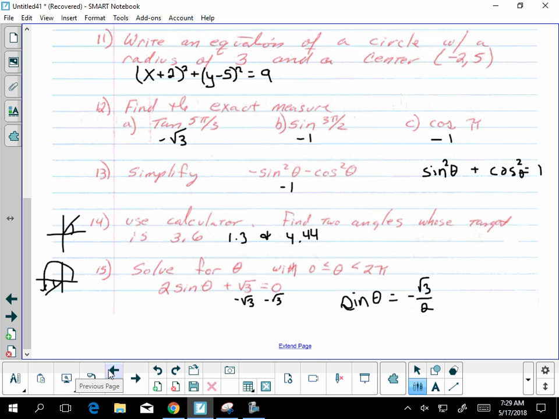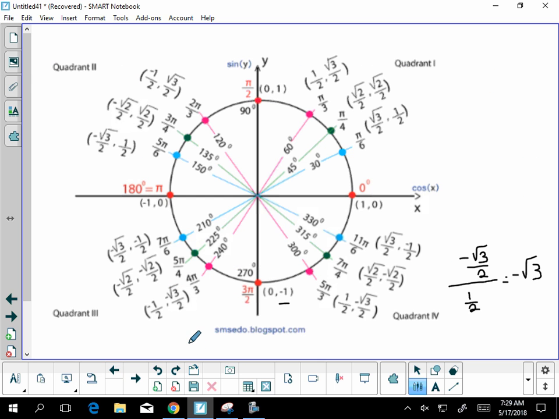Look on your unit circle for where your y-coordinate is negative radical 3 over 2, which is right here and right there. So my answer is 4 pi over 3 and 5 pi over 3.